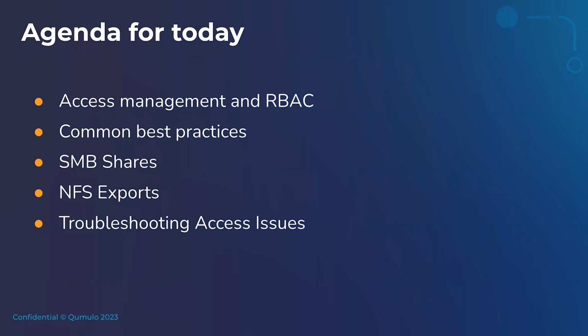Today we're going to cover access management and role-based access controls. We're going to talk about some common best practices regardless of the file protocol that you're using. Then we'll have a session specifically on SMB shares, another one on NFS exports, and a session at the end about troubleshooting some common access issues.